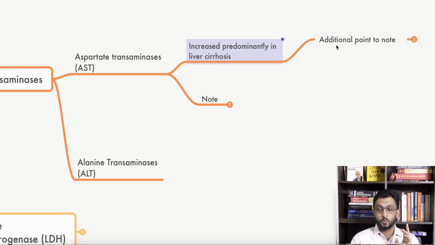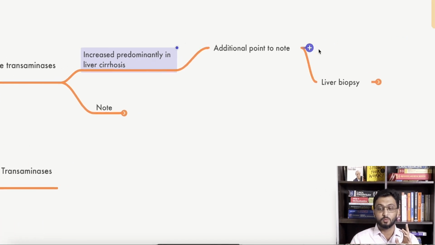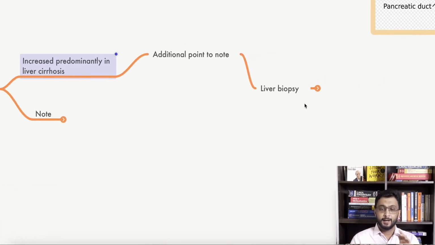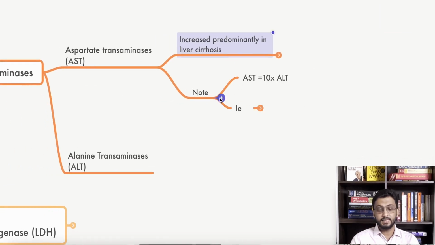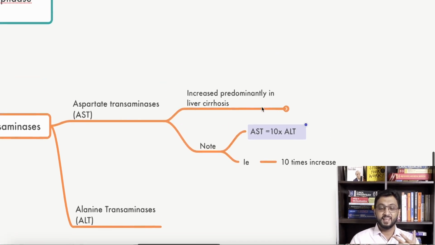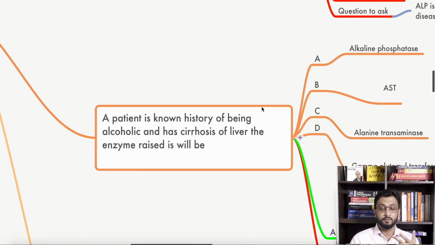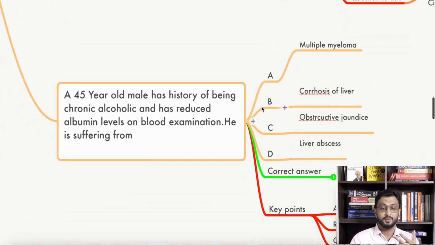An additional point to note: AST is increased 10 times more than ALT. I told you AST and ALT both increase in cirrhosis, but AST is increased more. So in the options, if you have AST and ALT and they're talking about cirrhosis of liver, which one should you select?